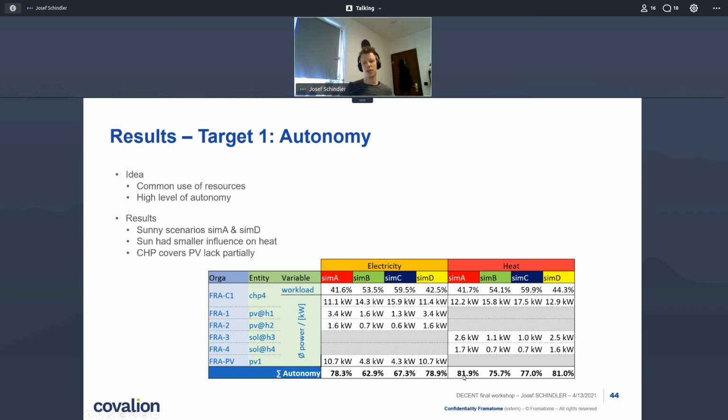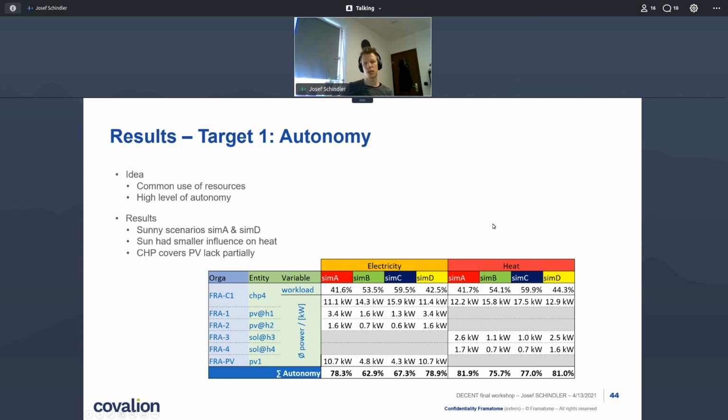As you can see, the autonomies on the heat market are similar for all 4 scenarios, but on the electricity market, simulations B and C have a minor autonomy because they were the cloudy scenarios. What is also remarkable, the CHP partially covers the PV lack, as can be seen in the workload.